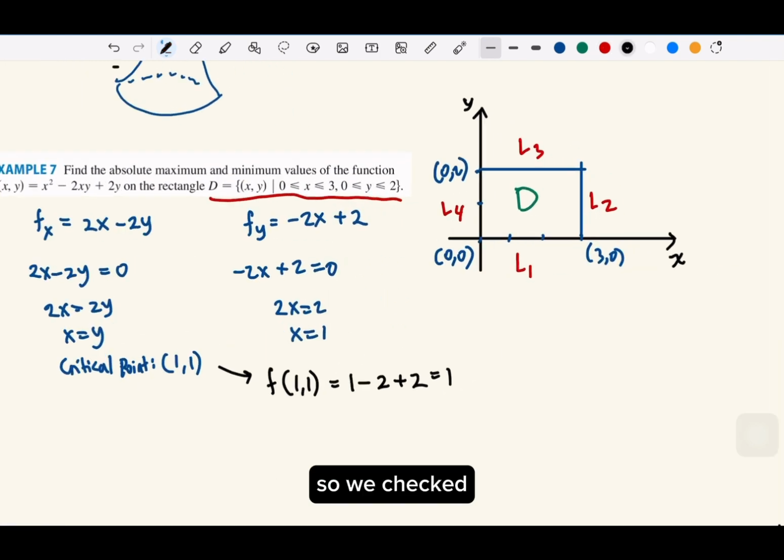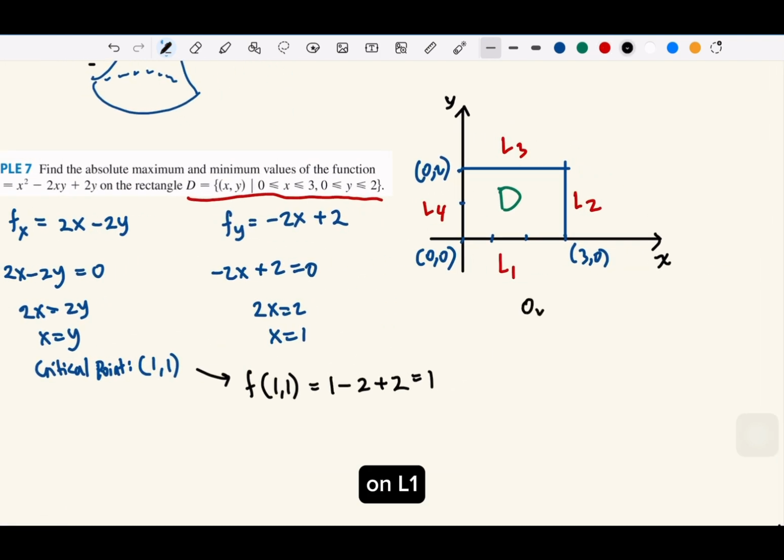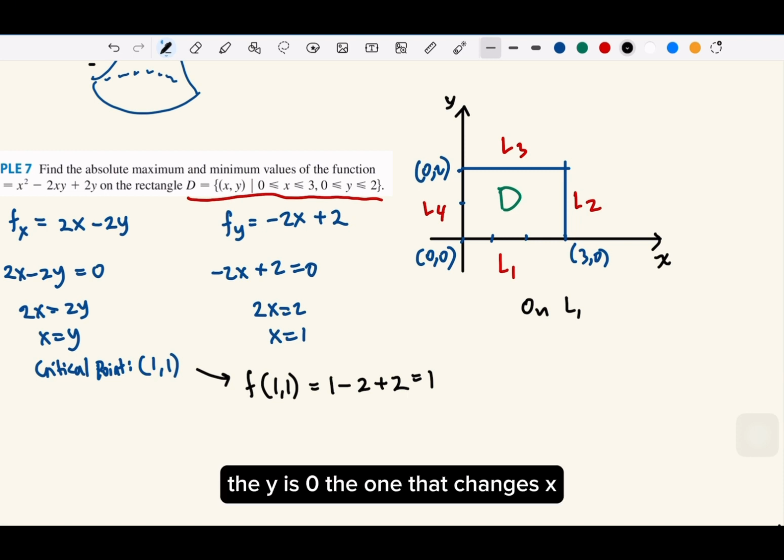So we check on L1. L1 is when y is 0, and the one that changes is x. So this is y equals 0.